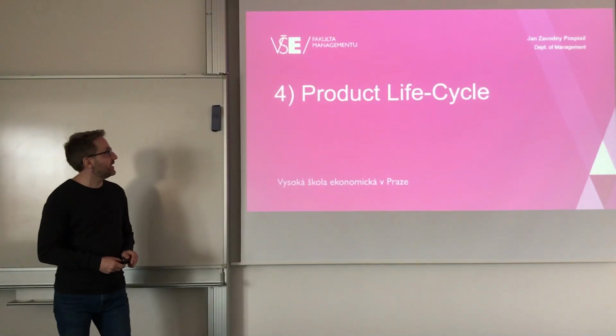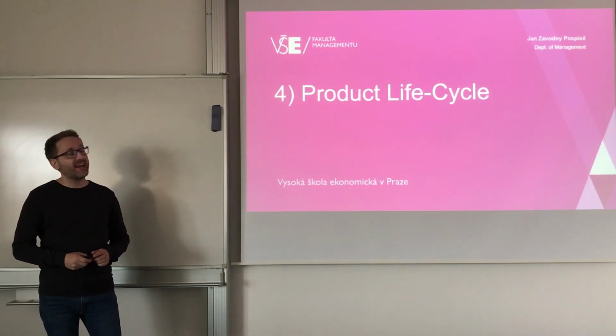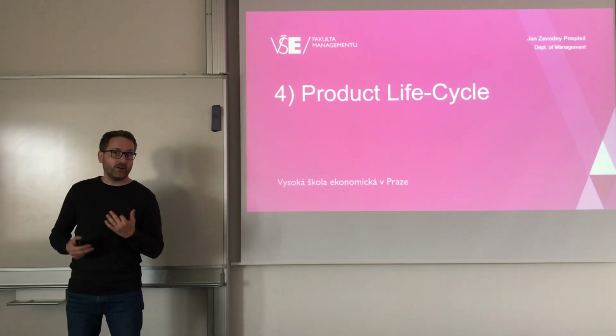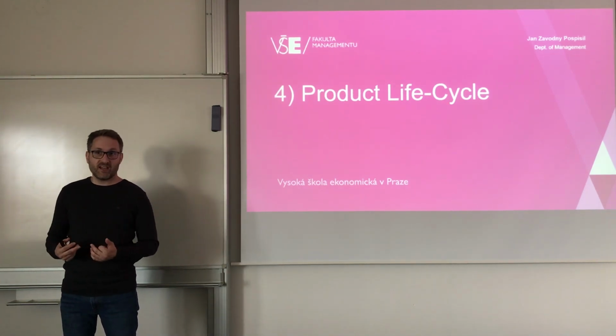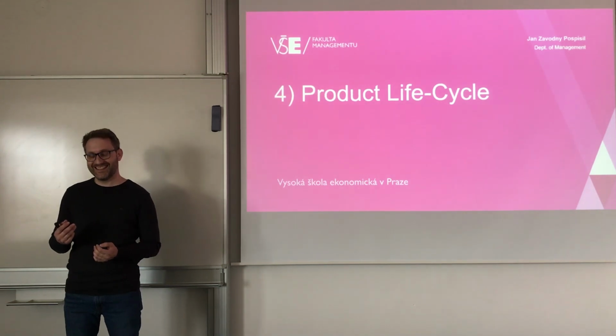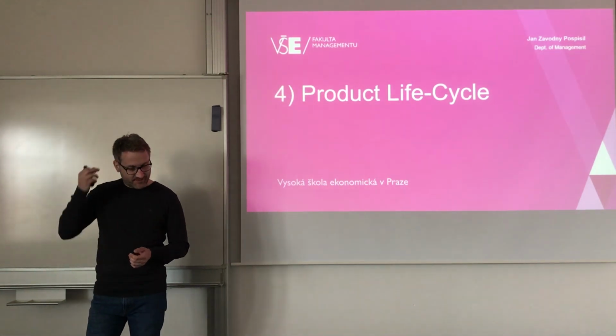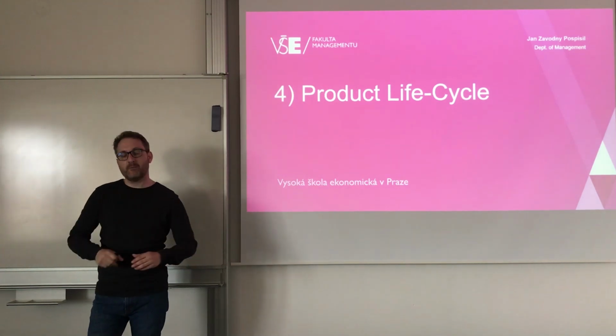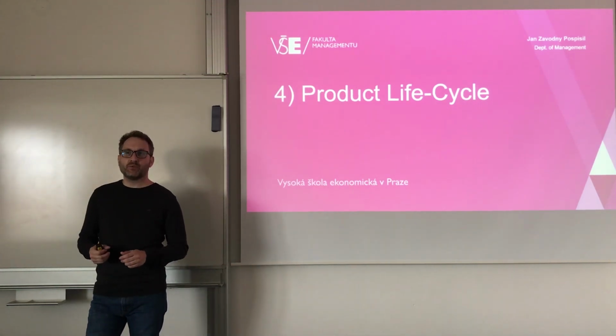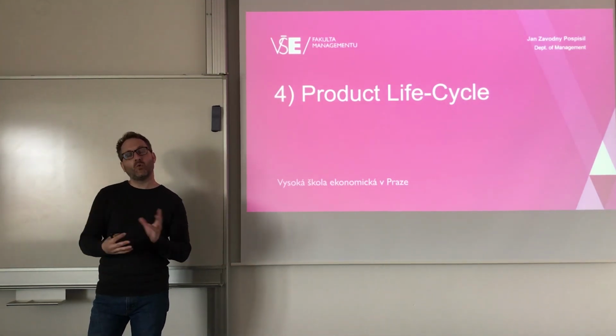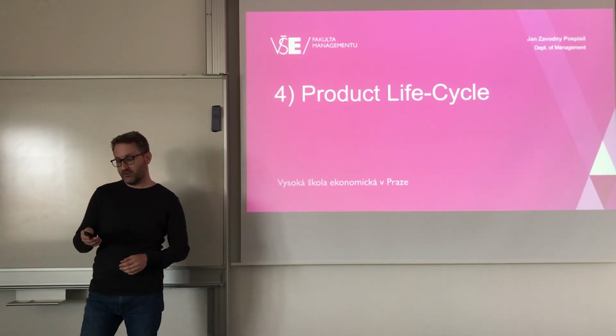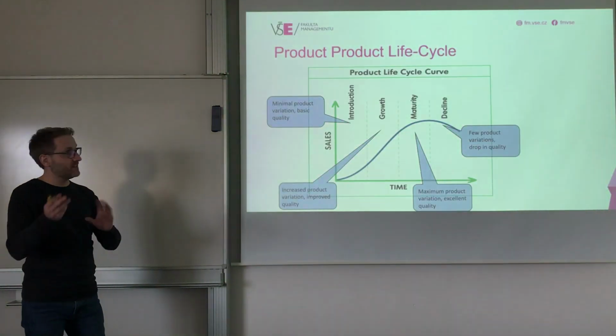And now I would like to talk about the product life cycle. Again, we already mentioned what the life cycle means, and in this part of the lecture, I would like to explain the influence of the product cycle on marketing, and also vice versa.